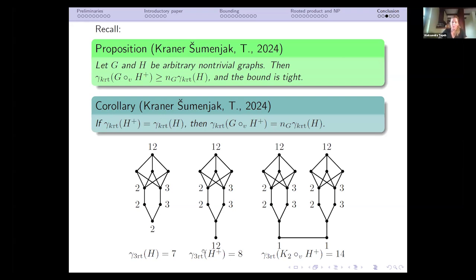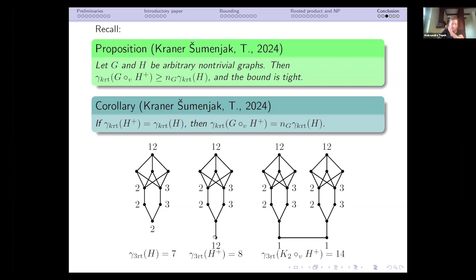As you can see from the numbers here below, from this example, if you take this as H, and this here is our rooted product of K2 and our graph H plus, where we pulled out one vertex down below, yeah?